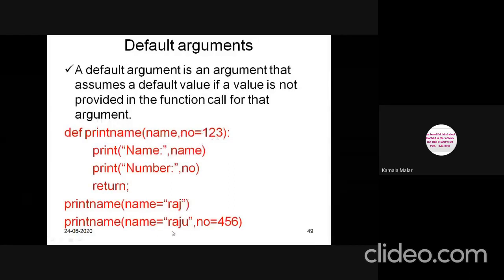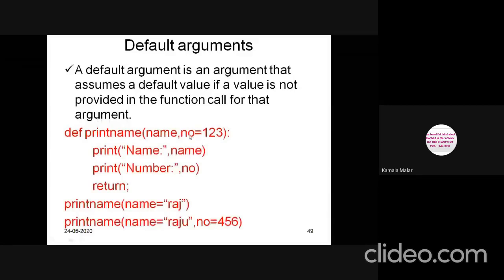So in the function call, if you omit that number value, automatically the default value 123 will be printed. If you wish to pass some other value for number, you can. Okay. So in default argument, here also one important point to be noted. Default argument should be given in the rightmost position. If you give it on the left, it will throw an error, right?